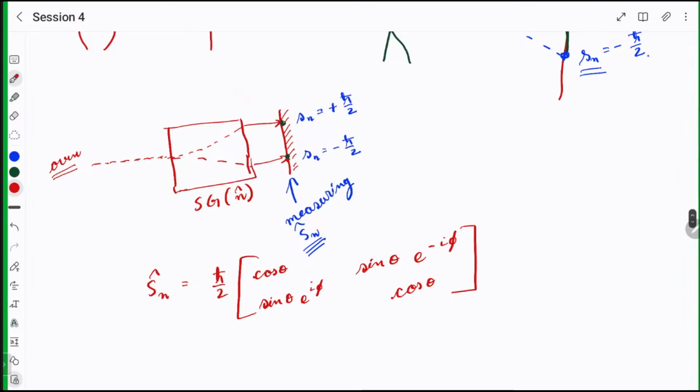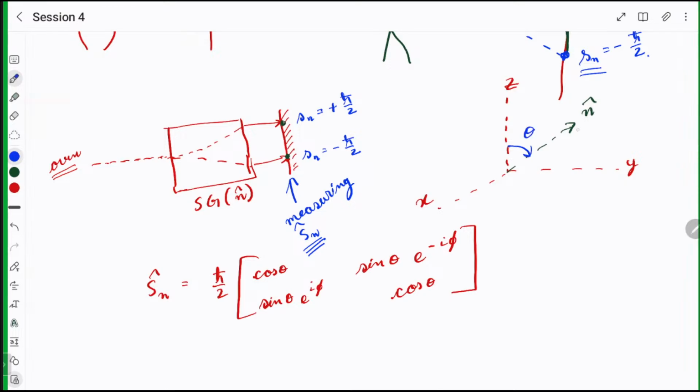So let's say we have these x, y, z coordinates in real space. I define a certain direction n hat, and the angle it makes with the z axis, we call θ.